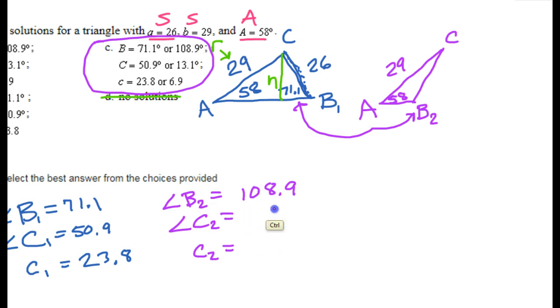All right, so now the rest of this will just be the law of sines all over again. Now that I have angle B2 is 108.9, I have 2 out of 3 angles, so I can just subtract from 180 again.